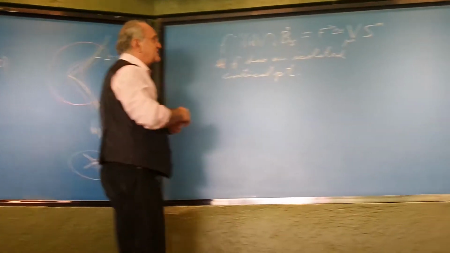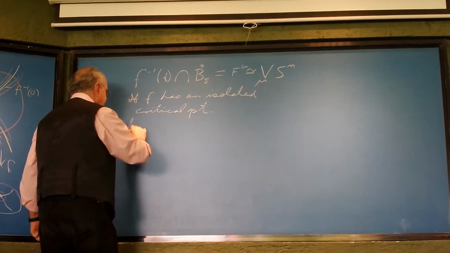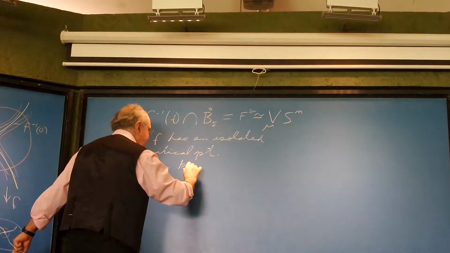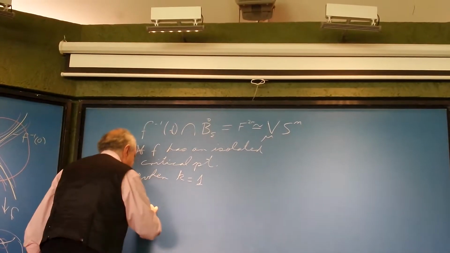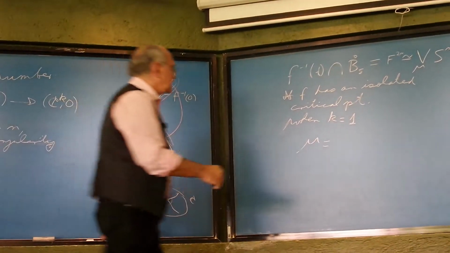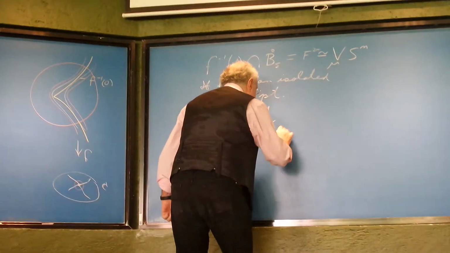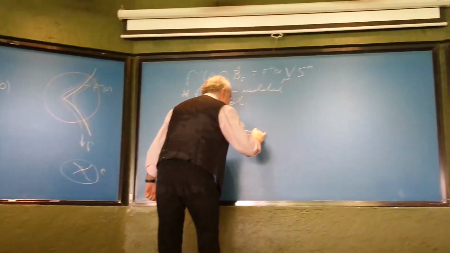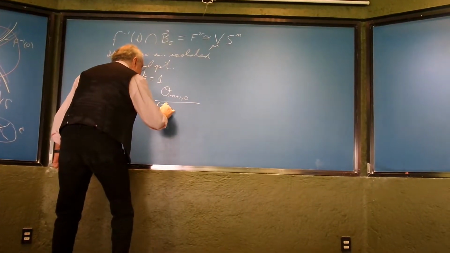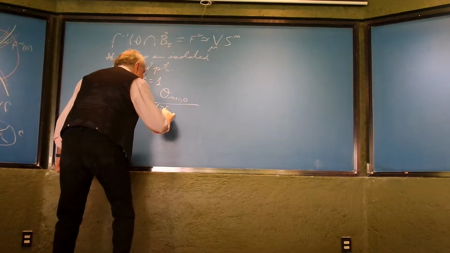Now, in the case of hypersurfaces, when k is 1, the Milnor number can be computed algebraically in a very nice way. We take the holomorphic functions in complex space at 0, and you divide by the Jacobian ideal.